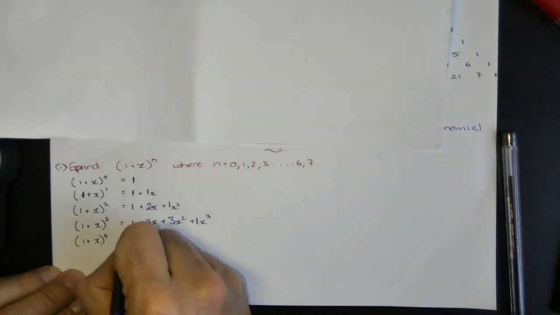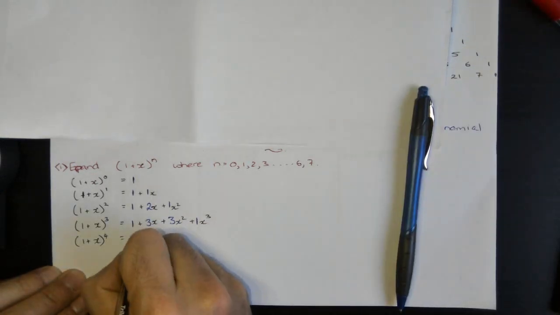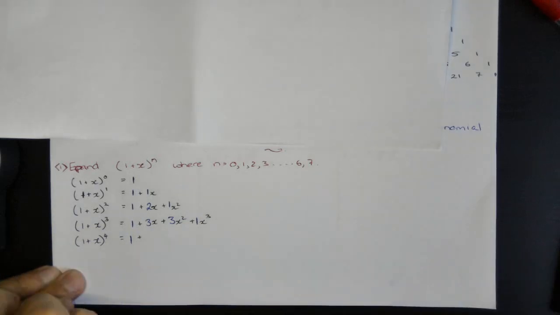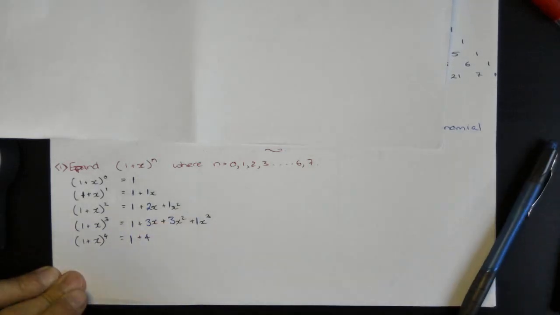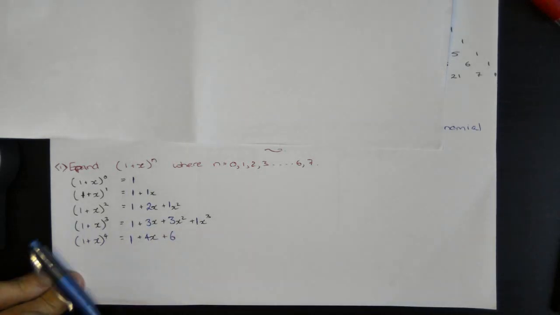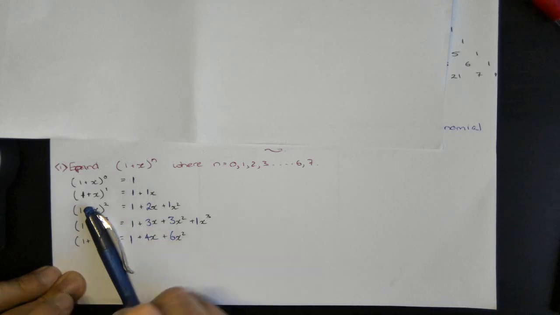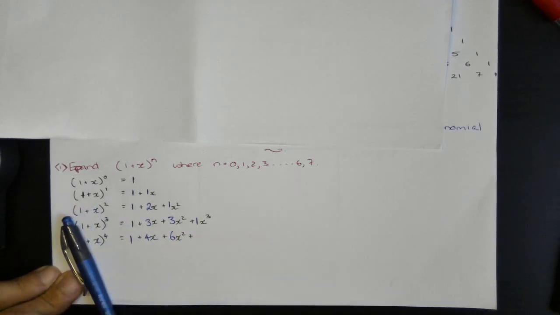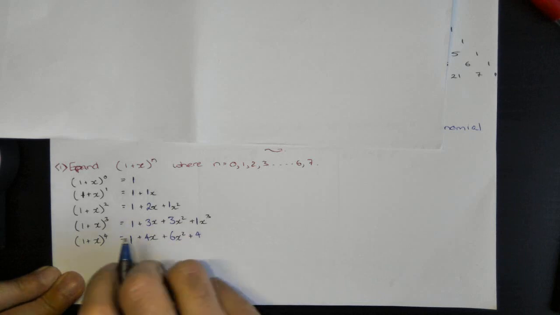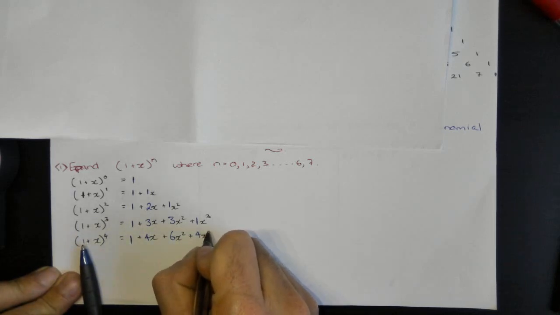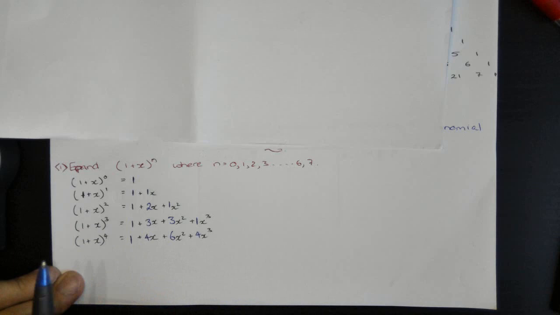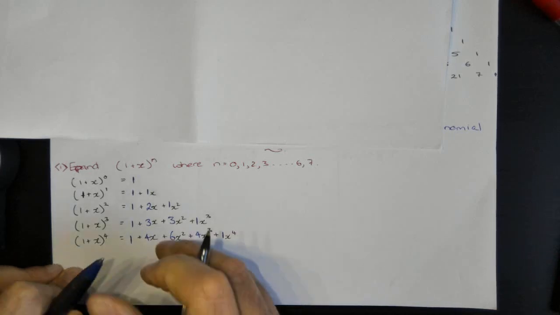So if I write that down, I've got 1 plus 4x plus 6x squared plus 4x cubed plus 1x to the power of 4.